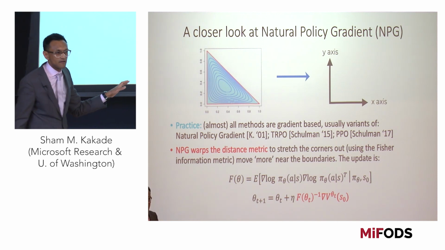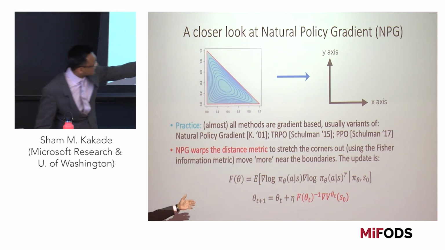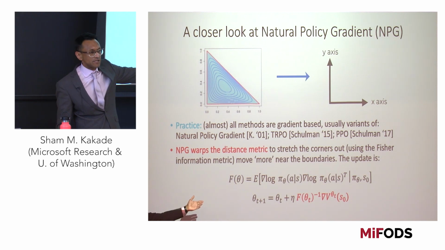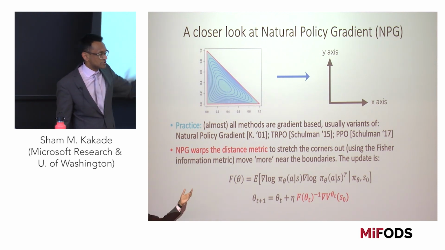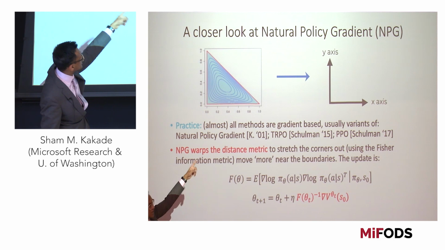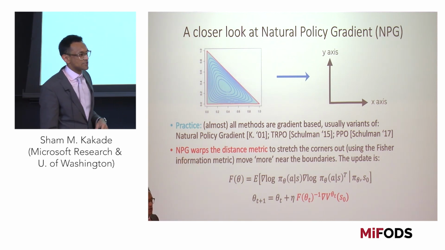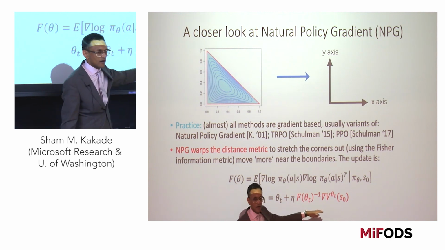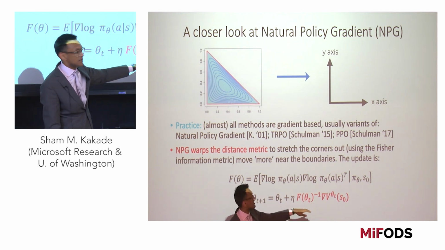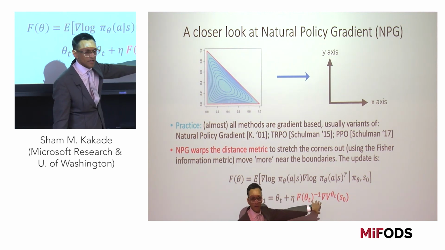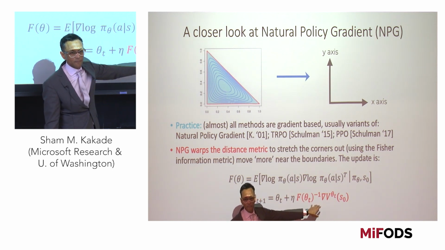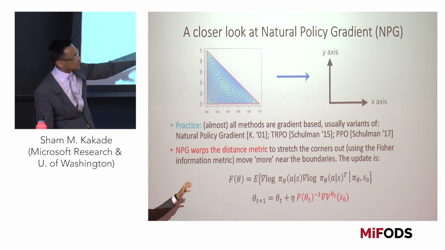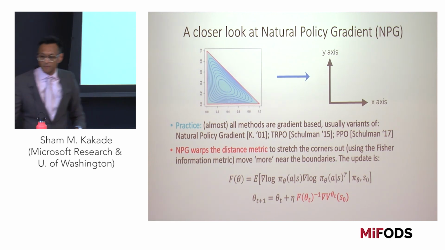So questions about that? This preconditioner is kind of the Fisher matrix that shows up in statistics. But just geometrically, all you're going to do is try to move more near the corners so you don't get stuck. Okay, so this is the algorithm we're going to look at. And pretty much all the practical variants are either this one or some variant along these lines. Okay, and the motivation, from the practical side, was we just want to move faster near the boundaries.